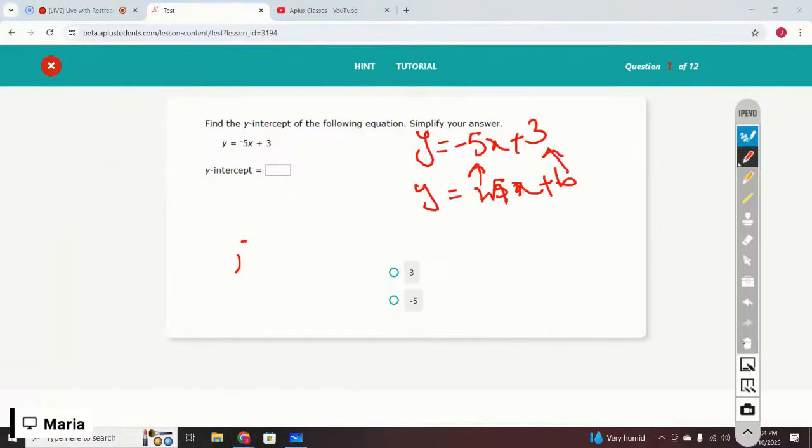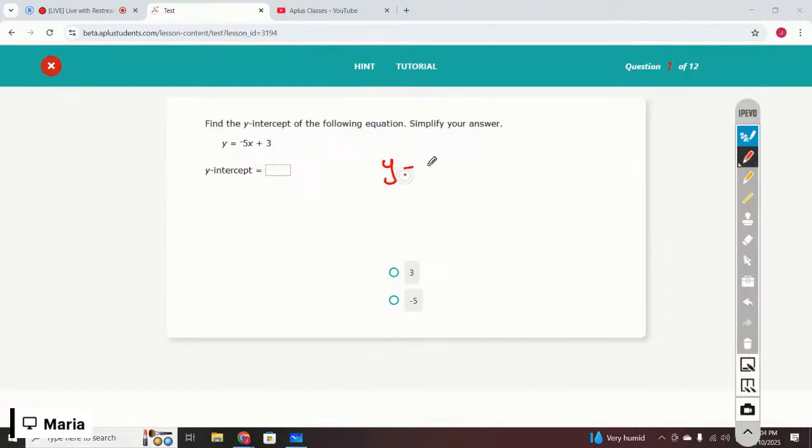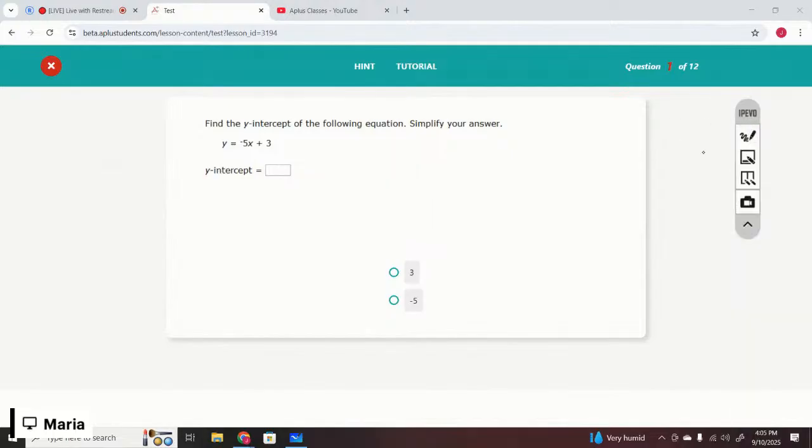Simplify your answer. Y equals negative 5x plus 3. So just match this equation with y equals mx plus b. So m equals negative 5 and b equals 3. The correct option is 3. Option number 1 is the correct option.